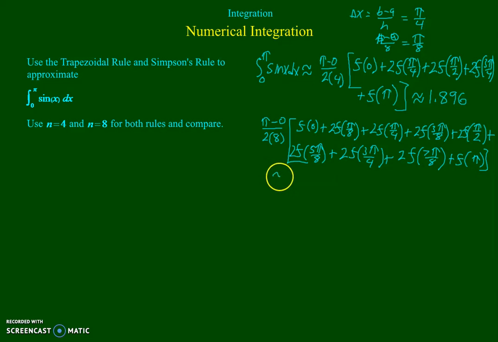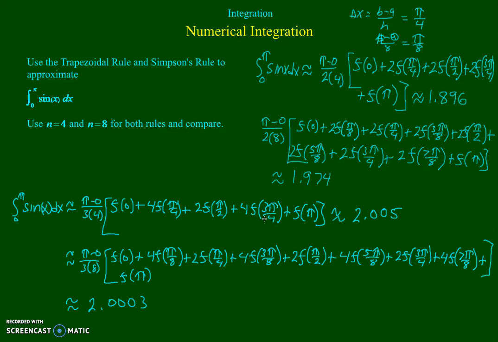And that approximation is going to come out to about 1.974. So by doubling the number of subintervals, we've increased our accuracy, but not appreciably, since the actual value is 2. So let's go ahead and compare this with the Simpson's approximation.